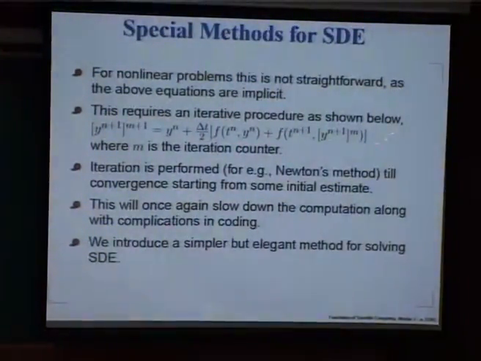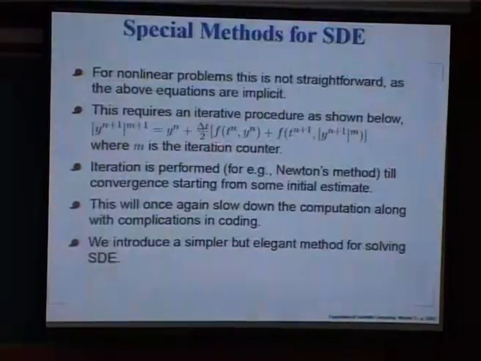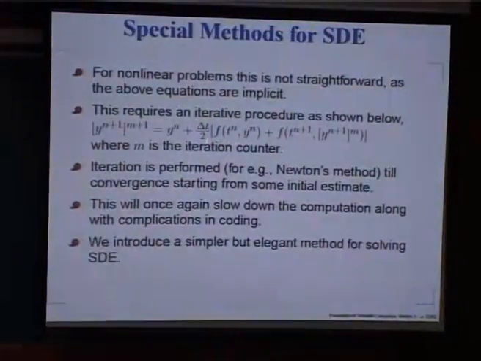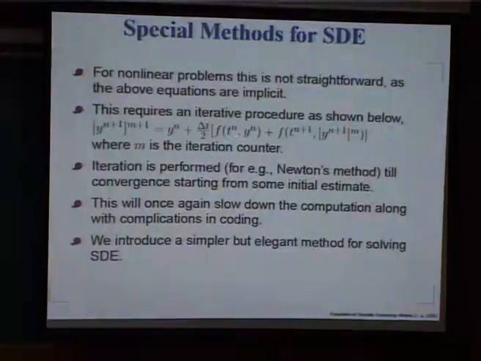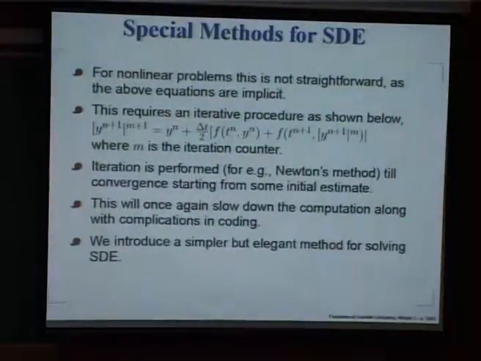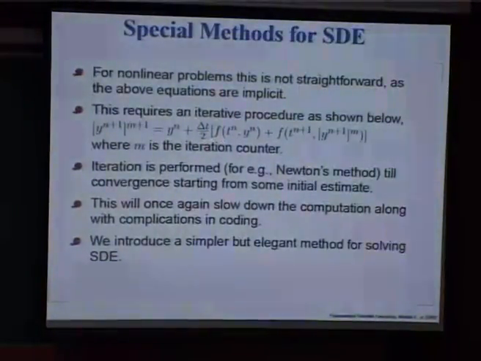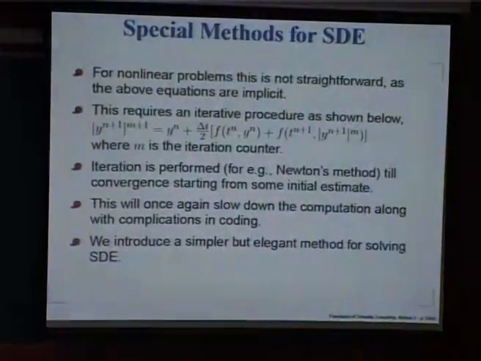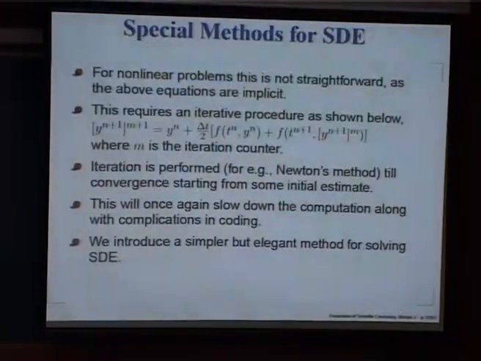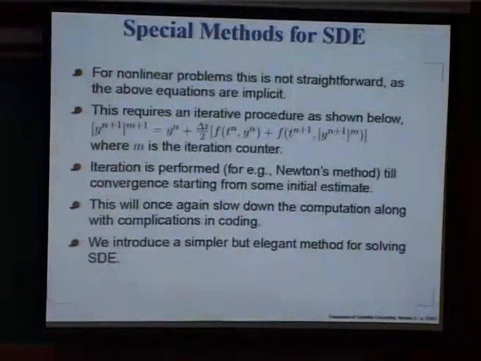For example, if I have the nonlinear right hand side as symbolically written here, then what I would do is I will take the average of the previous time step where we have got the exact solution. So, I can explicitly evaluate this first term, whereas this term I will be evaluating in an iterative sequence. So, the iteration counter is basically m.